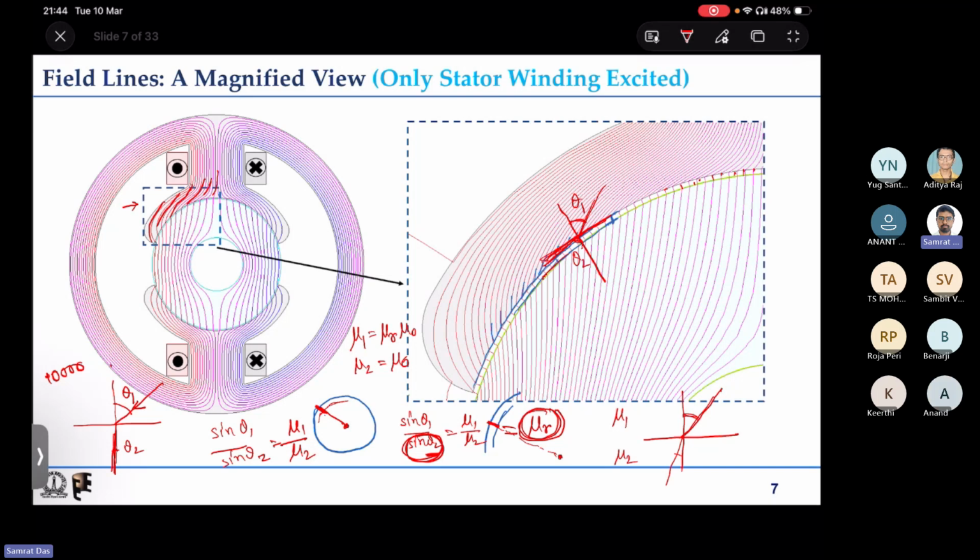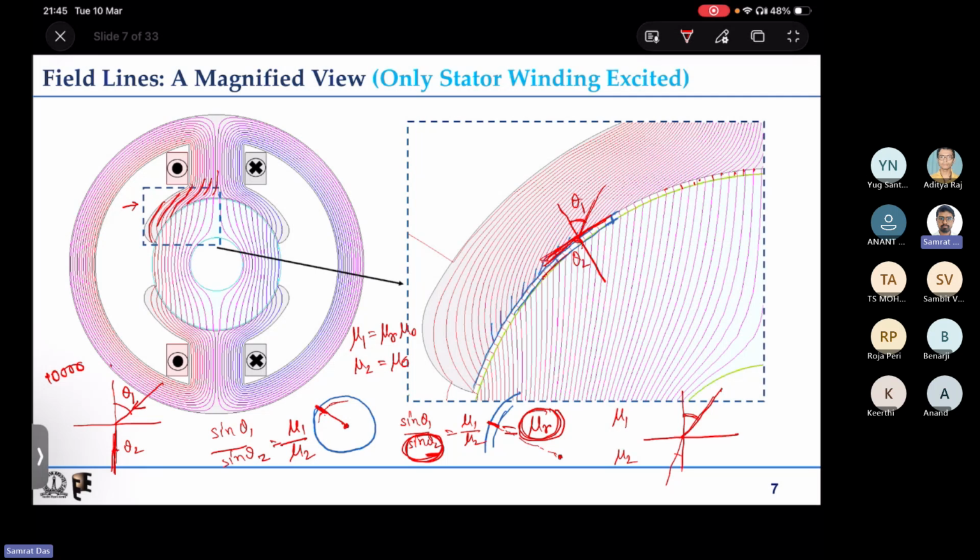So it will be that close to being a vertical line. We have probably seen some previous cases also, some boundary between air and iron in the initial lectures. In all those cases, whenever we have a boundary between a ferromagnetic material and air, flux lines will always be perpendicular at the interface.